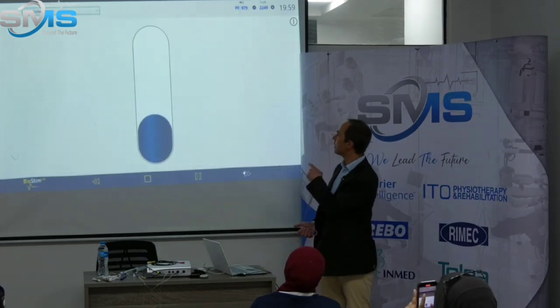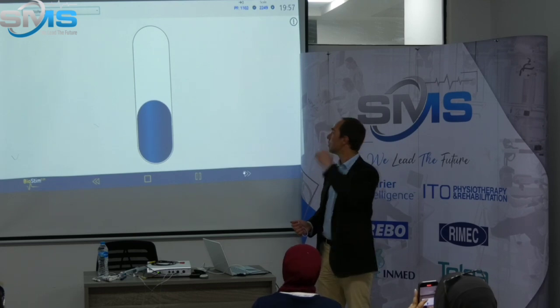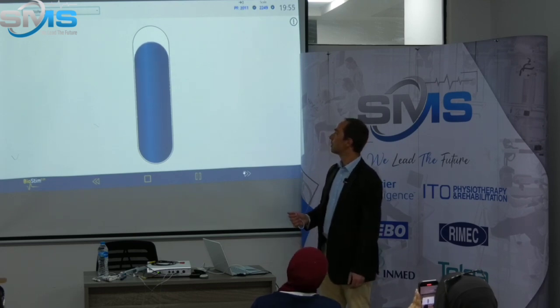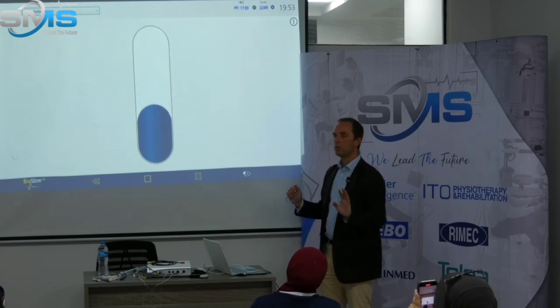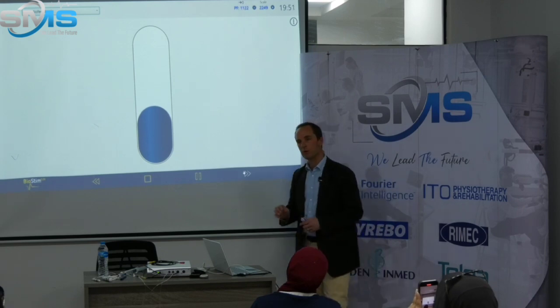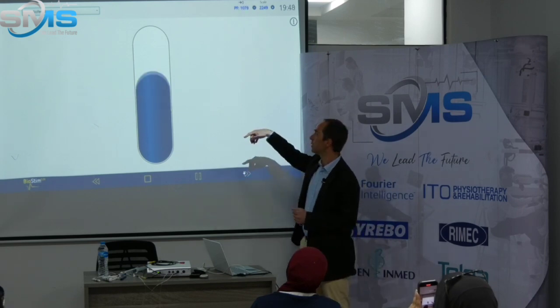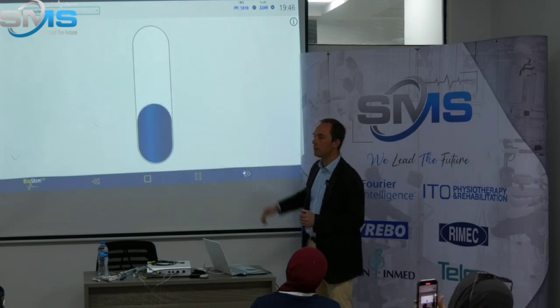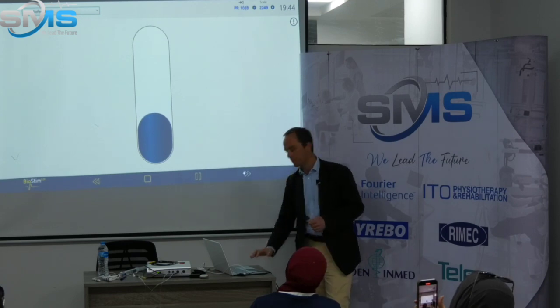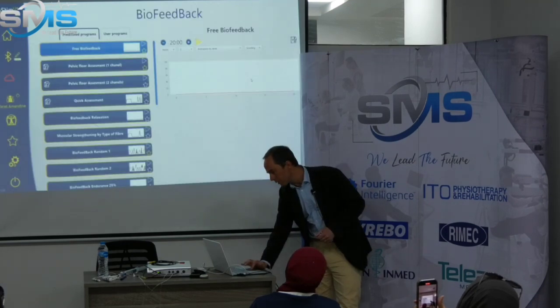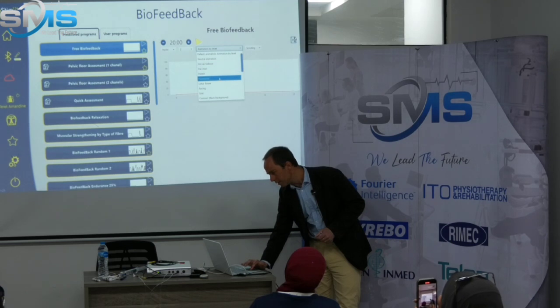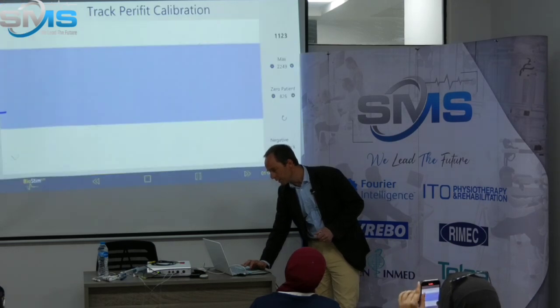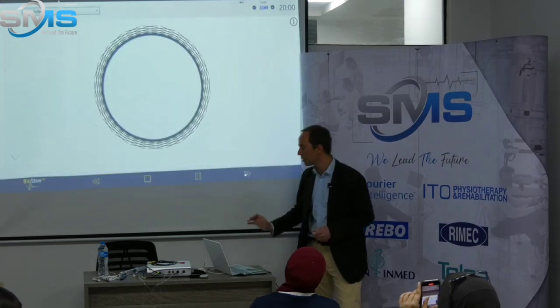Okay, you see, and here now my patient must put it up, contract, and it's going up. It's very simple, but often it works quite well because it's easier to understand this kind of level than curves that are moving. Another one that works even better is this one. So here again, you will ask your patient to contract and relax.